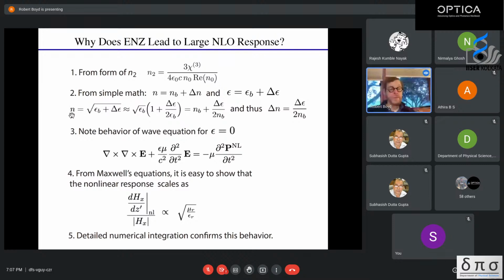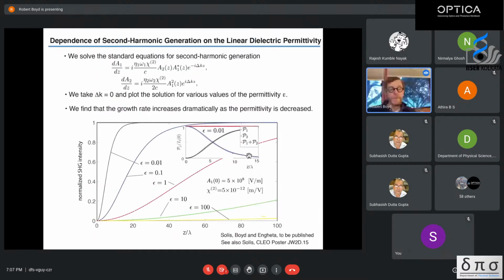Well, of course, the refractive index is the square root of epsilon, and we can factor out the background value of the refractive index, and then we make an approximation, and we find that the refractive index is the background value plus delta epsilon divided by twice the background index. So again, if the background index is very small, a change of epsilon will lead to a very large change in the refractive index.